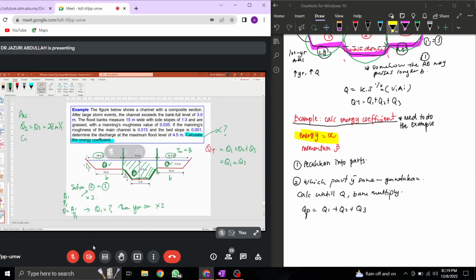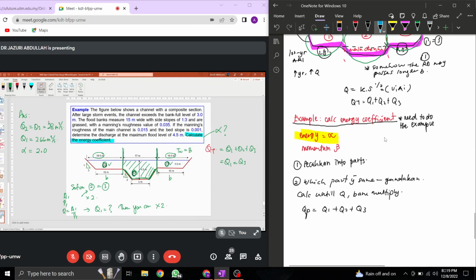And then Q1, so yang akan dapat lebih kurang 266 meter cube per second. And alpha you akan dapat lebih kurang 2.0. Okay, so you just dapat 28 dapat 266 should be okay lah.